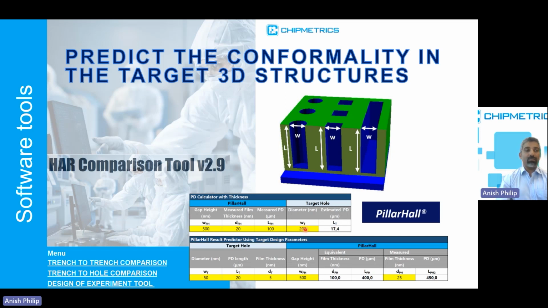If it is 200 nanometer, then you should expect a penetration depth of around 17.4 micrometers. This can be used vice versa: using holes or squares, doing ALD deposition and measuring the penetration depth, you can use this data for predicting the penetration depth in the PillarHall chip.